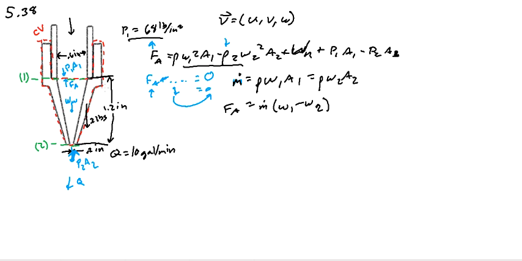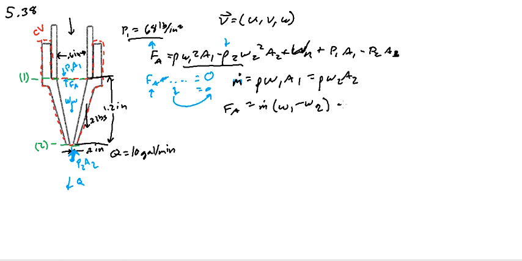So this is the water that is inside the control volume. We've got the velocity of 1 minus the velocity of 2. Seems like it's going to give us something negative, because the velocity of 1 should be slower. I don't know, we'll keep going, we'll see how this goes.